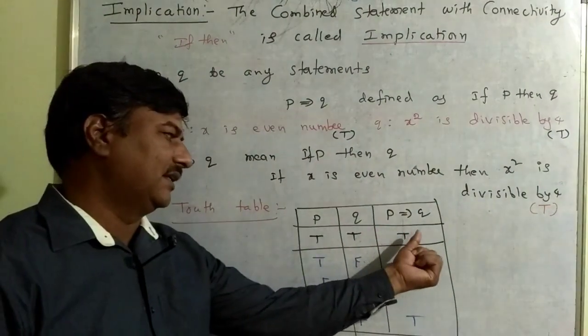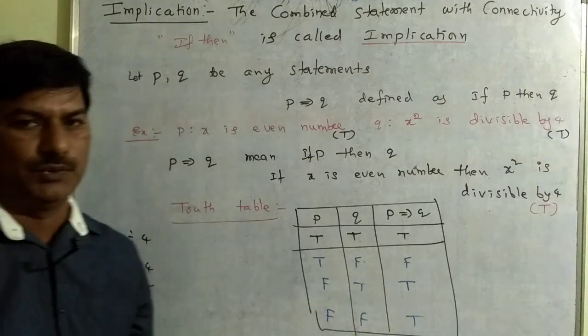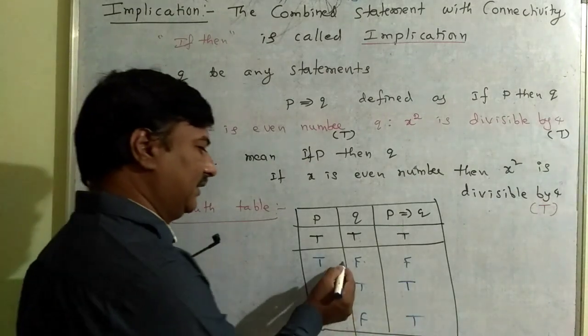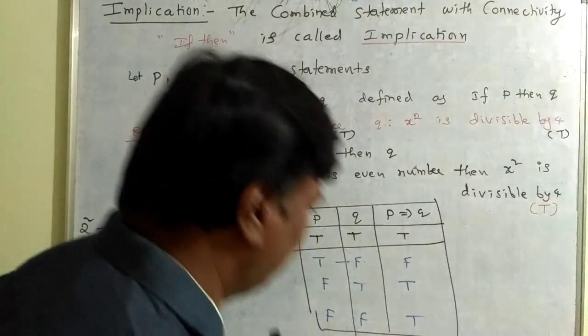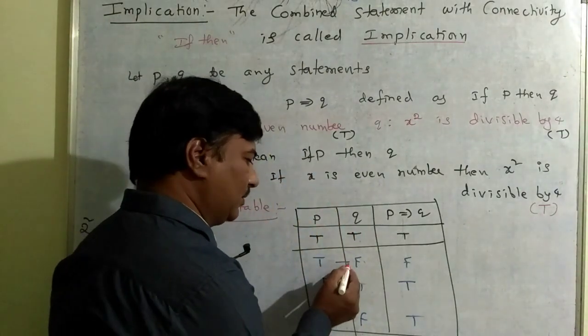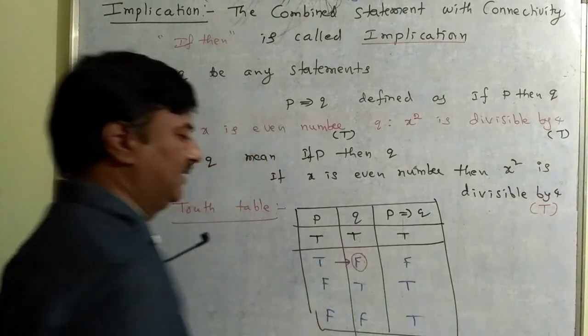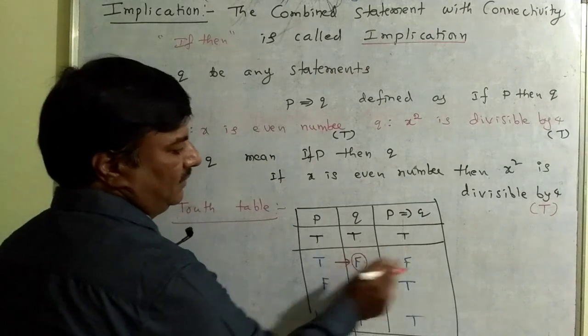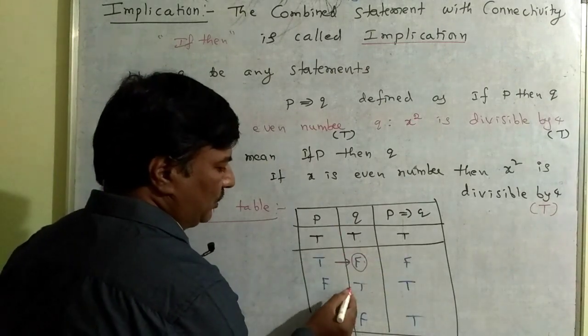Both false. Then if true and false comes, then the final result is false, and false, true.